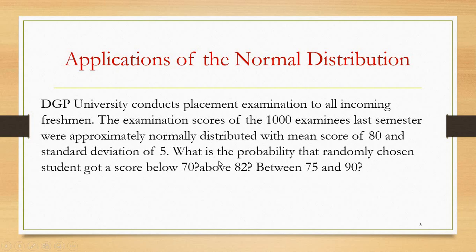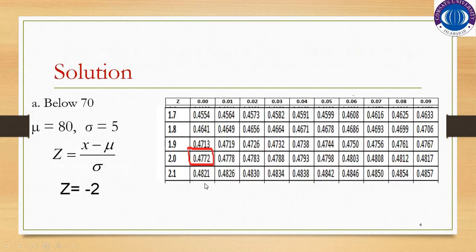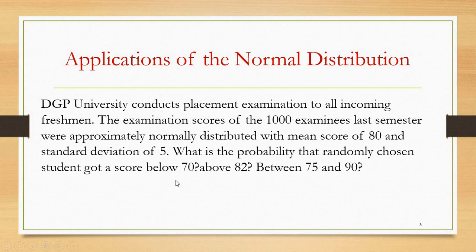What is the probability that the randomly chosen students got a score below 70, above 80, between 75 and 90? So basically you have to find out all these three probabilities.